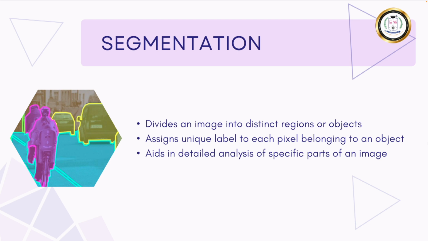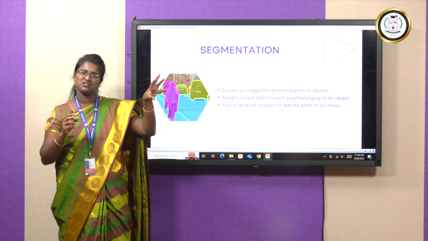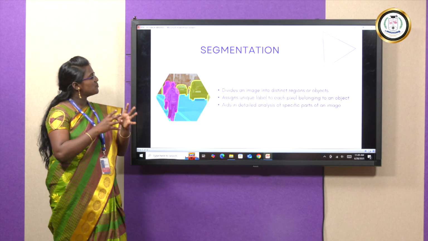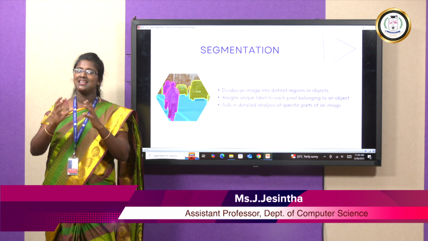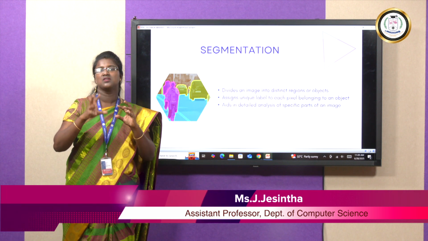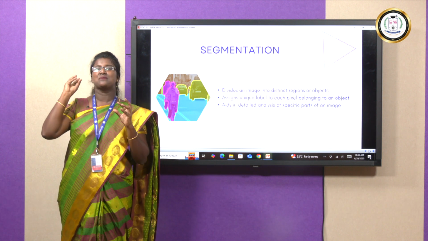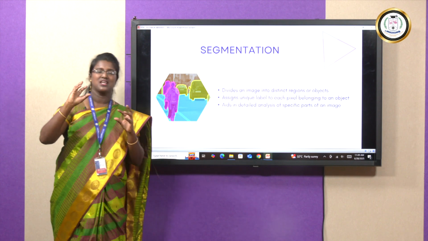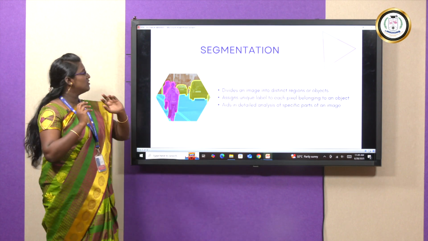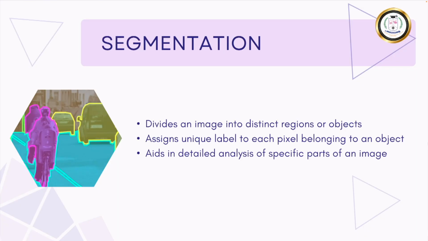Segmentation divides the entire image and its components into distinct regions or objects. Grouping these and assigning unique pixel values to each segment makes it essential for detailed analysis of specific parts in an image.